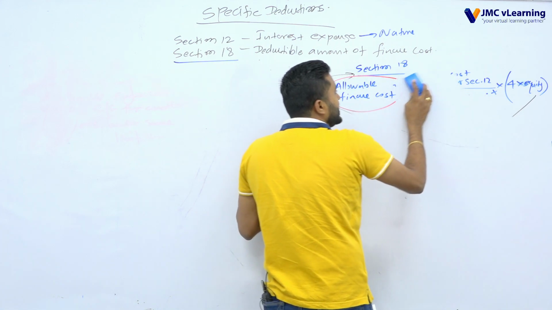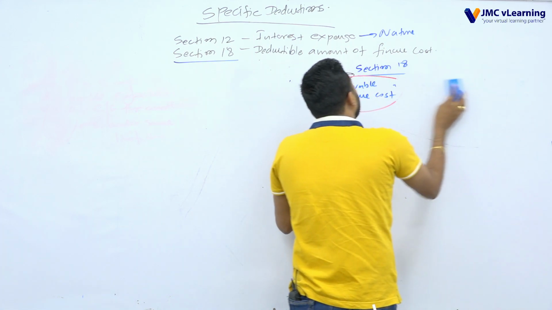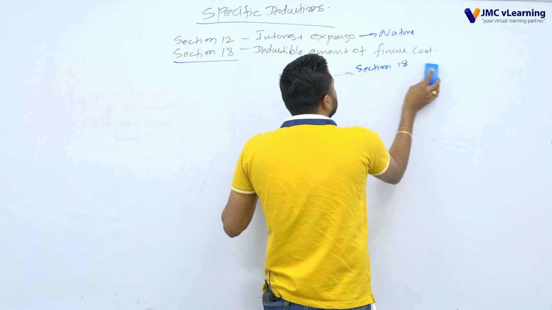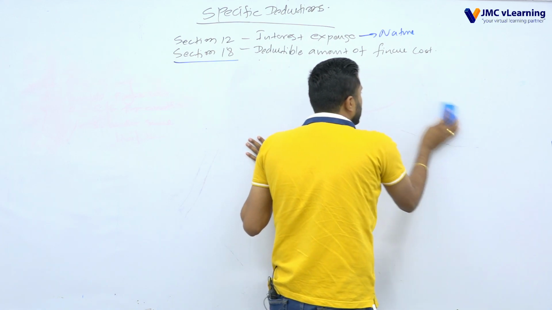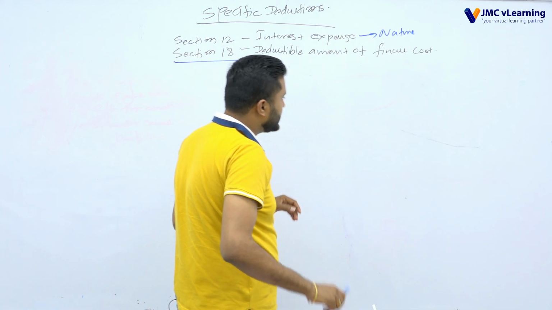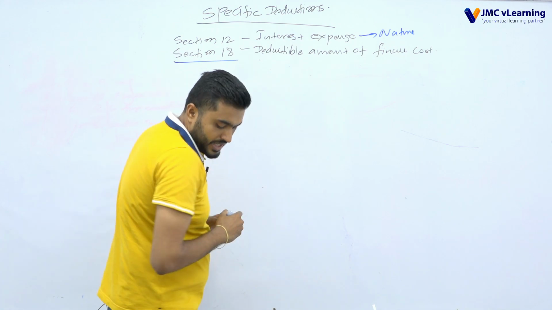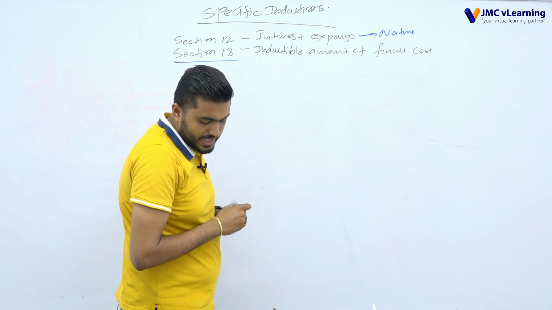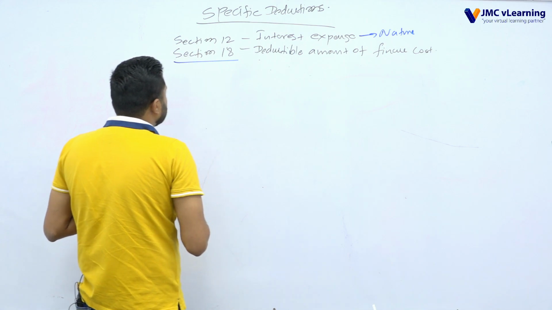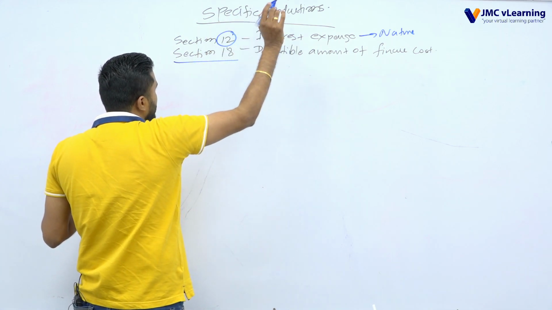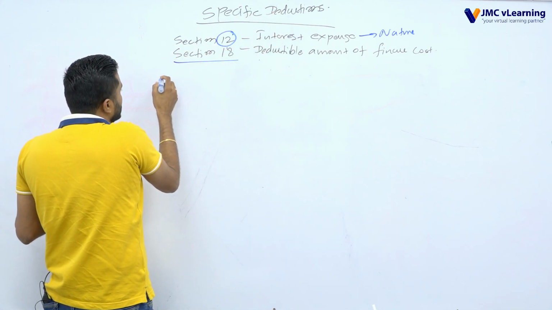Therefore, there is no disallowable finance cost under section 12. So the total finance cost of 2.5 million is allowable under section 12.